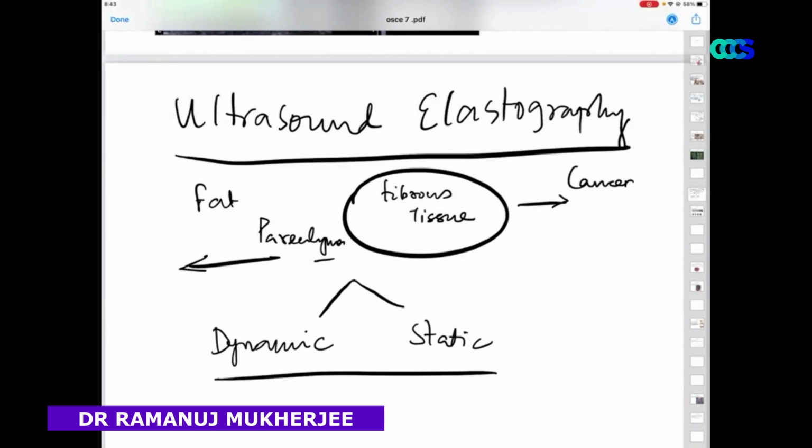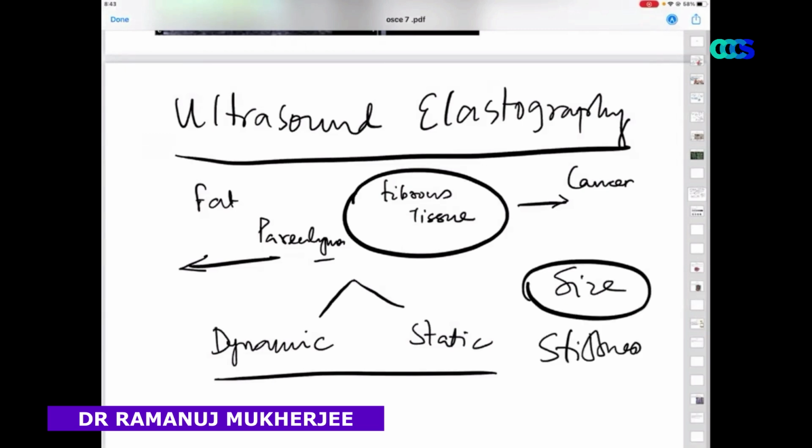The basic idea is something that you have understood now. So in a real time ultrasound with an elastography, what the radiologist is going to talk about is technically the size of the lesion and the stiffness of the lesion. Very basic things that we should know.